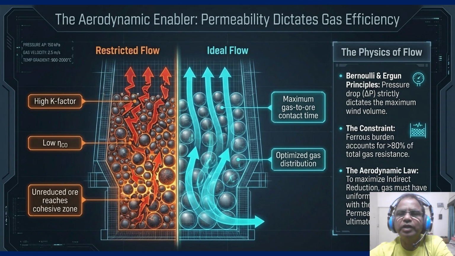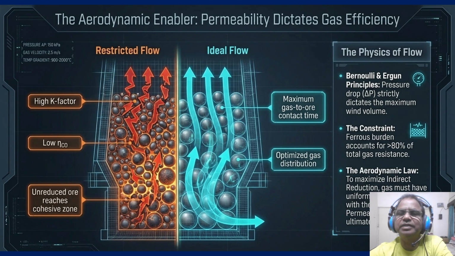According to Bernoulli's and Ergun's principles shown in the sidebar, your pressure drop strictly dictates your maximum wind volume. Since the ferrous burden accounts for over 80% of your gas resistance, permeability is your ultimate gatekeeper. If your burden is tight, your eta CO drops, your fuel rate spikes and your production collapses.